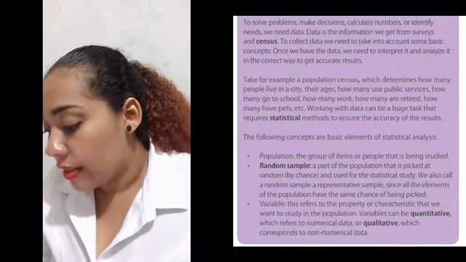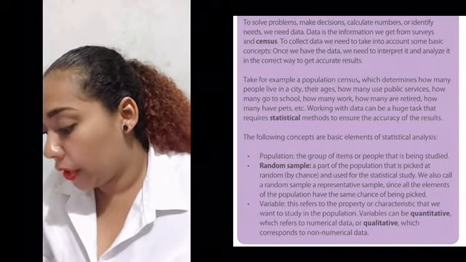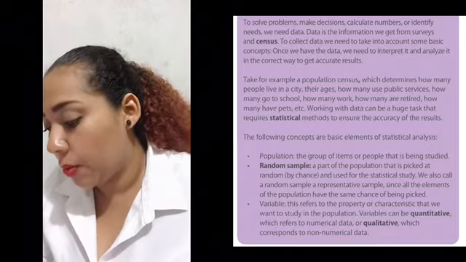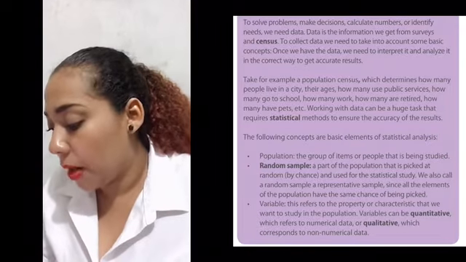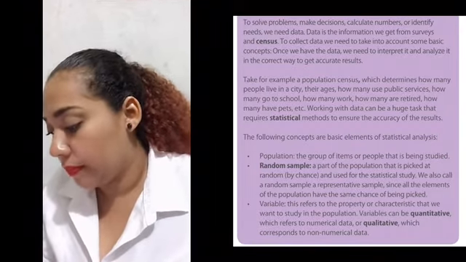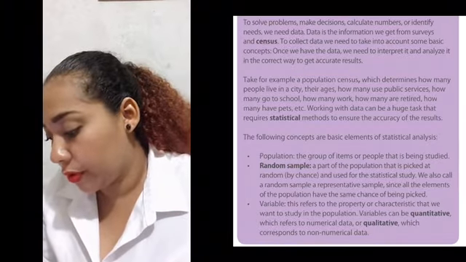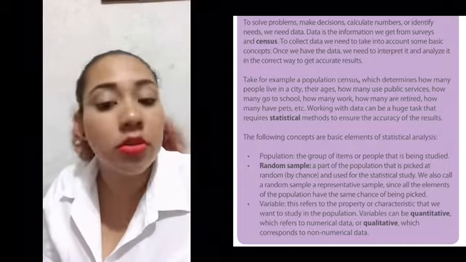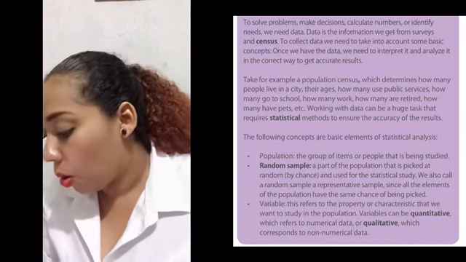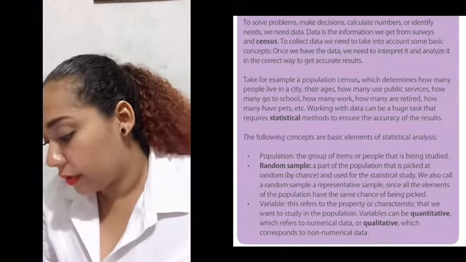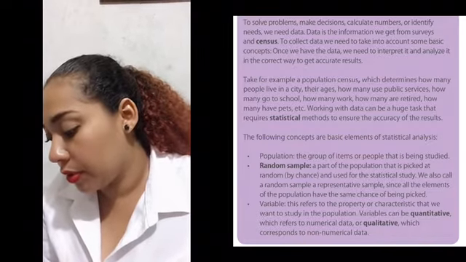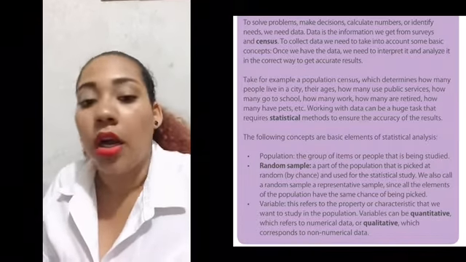Variable. This refers to the property or characteristic that we want to study in the population. The variables can be quantitative, which refers to numerical data, numbers, or qualitative, which corresponds to non-numerical data.